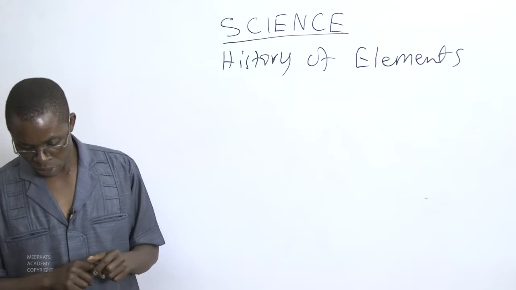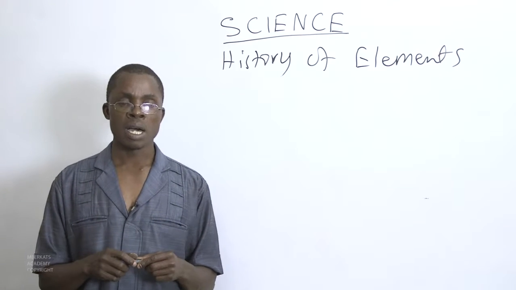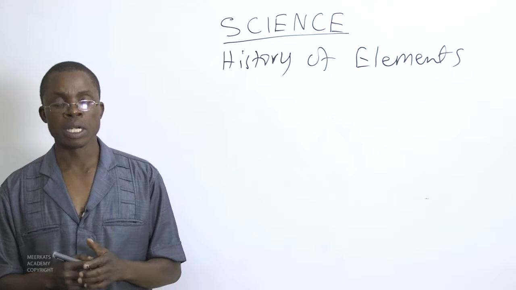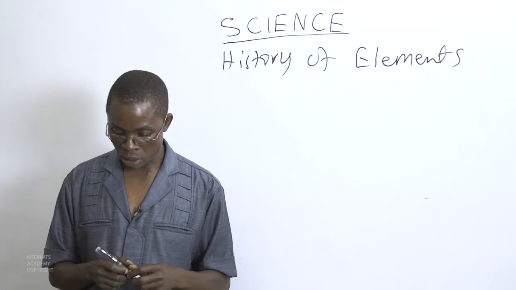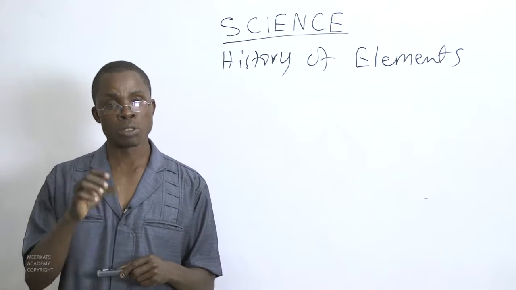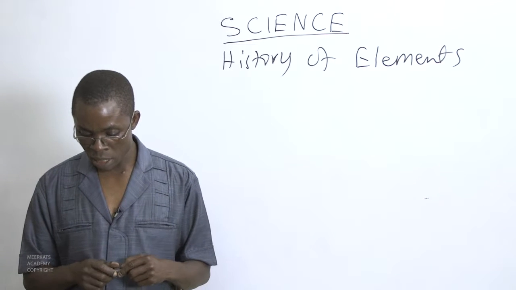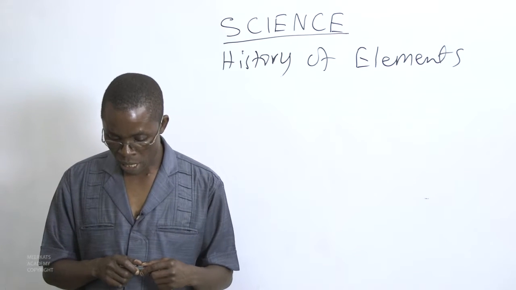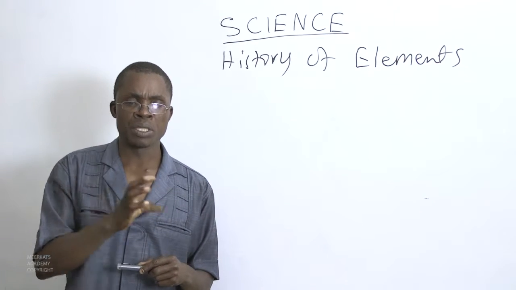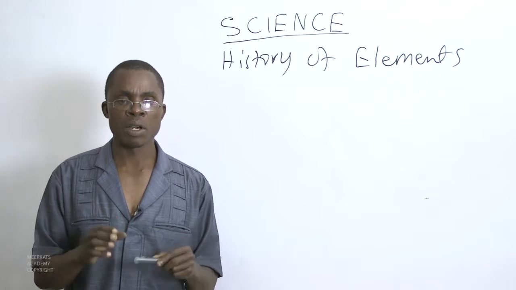The early Greeks came up with a description of an atom: that all matter, just like we mentioned earlier, is composed of atoms. Those small particles are called atoms, and these atoms are tiny bits that cannot be divided any further.